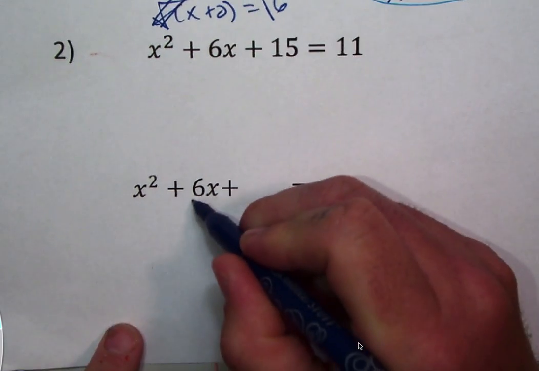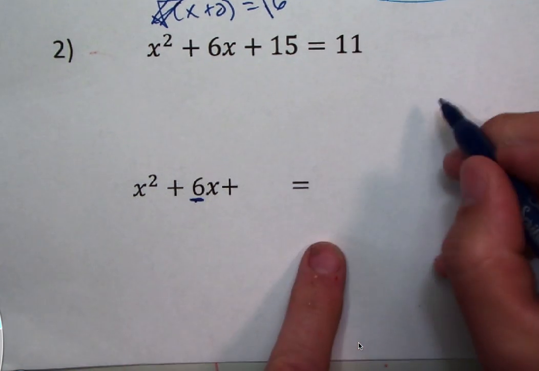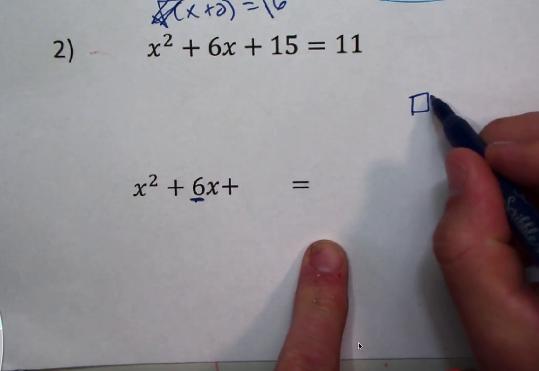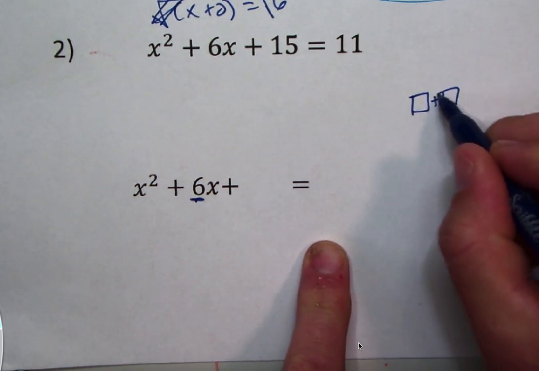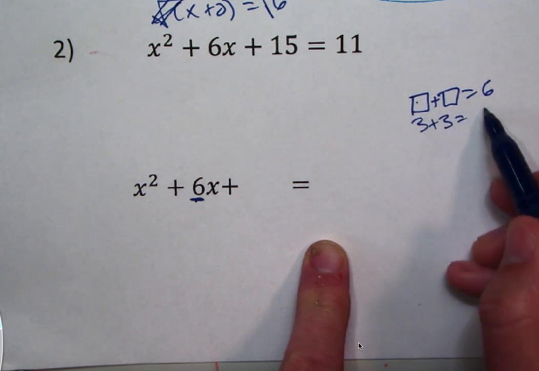Take a look at our b term. What two numbers add to get 6? Same number, right? Well, that's an easy one. 3 plus 3 equals 6.